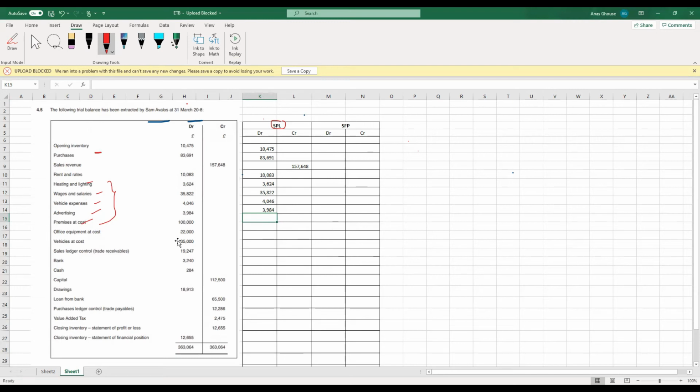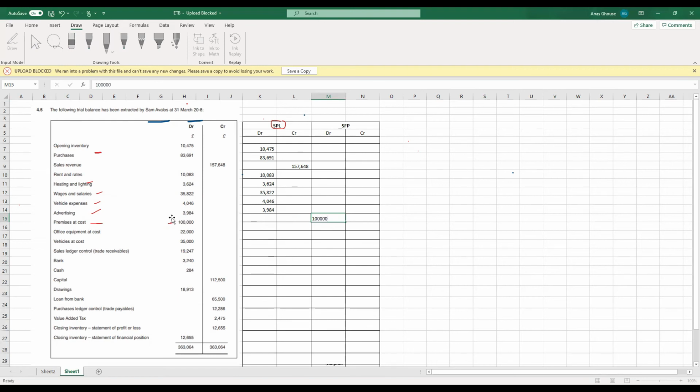Then you have premises at cost. This is an asset. Since it's an asset, it should be reflected in the statement of financial position as a debit balance.